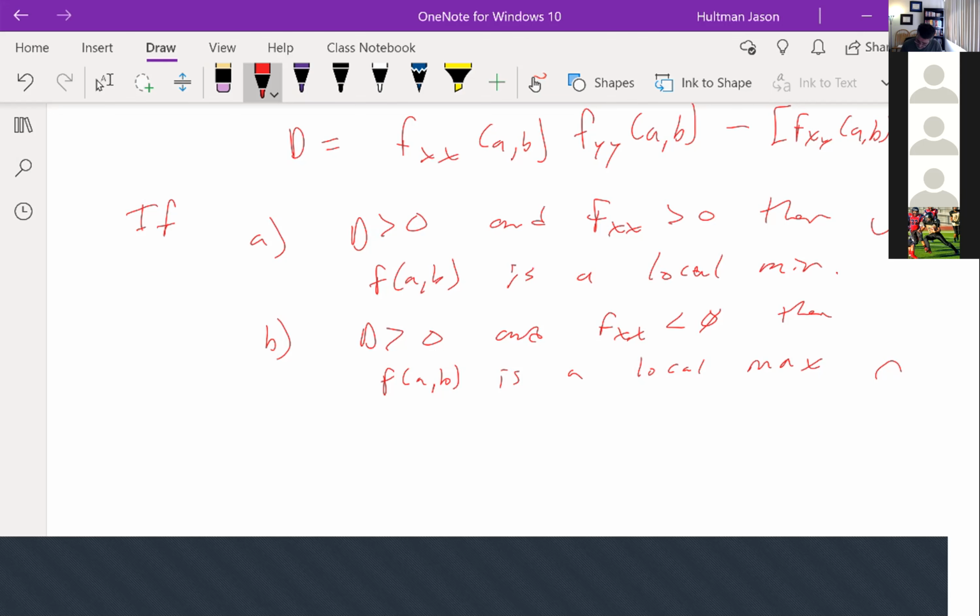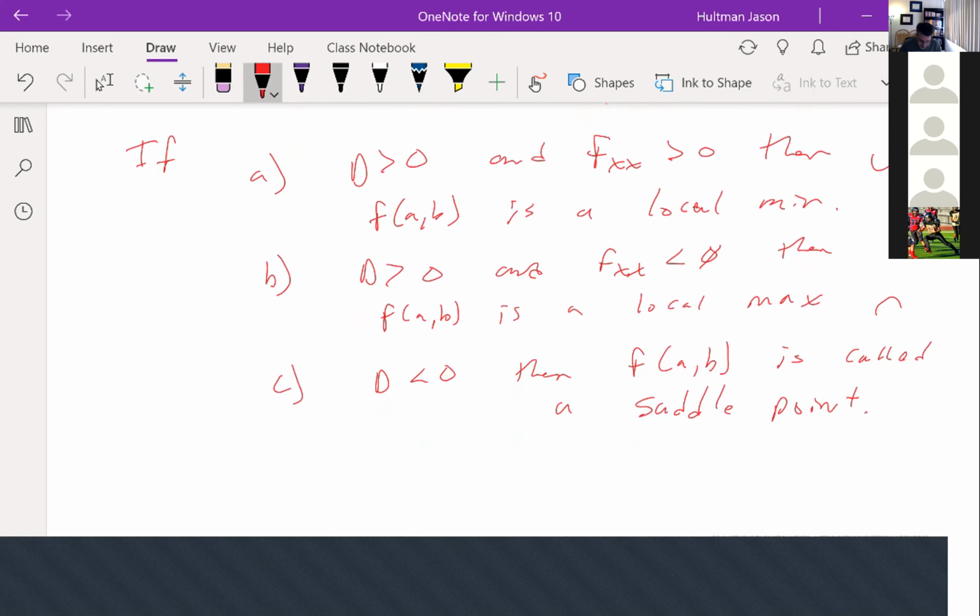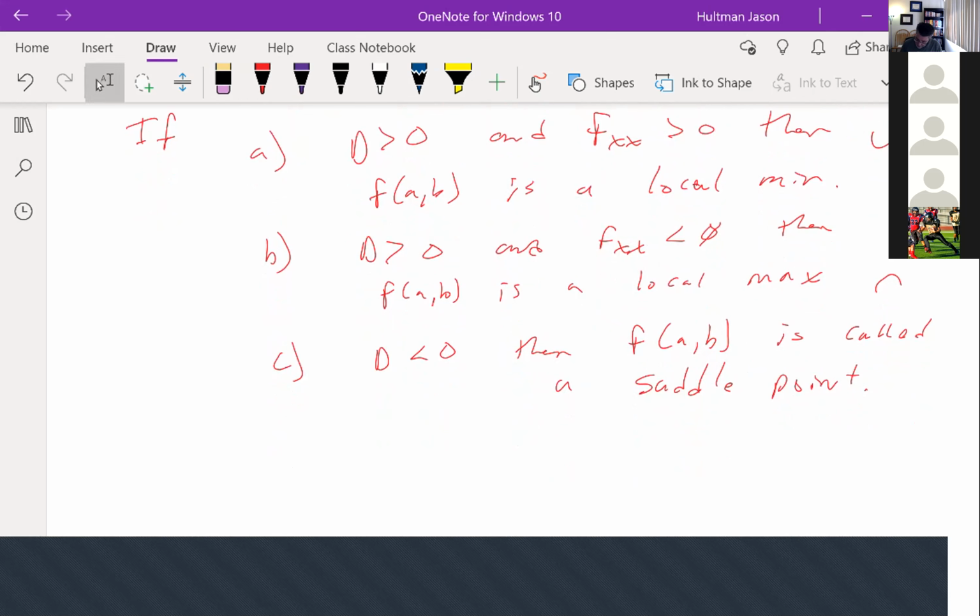Well, C. If D is less than 0, then f of (a, b) is called a saddle point. And we'll talk about what that means in a little bit.